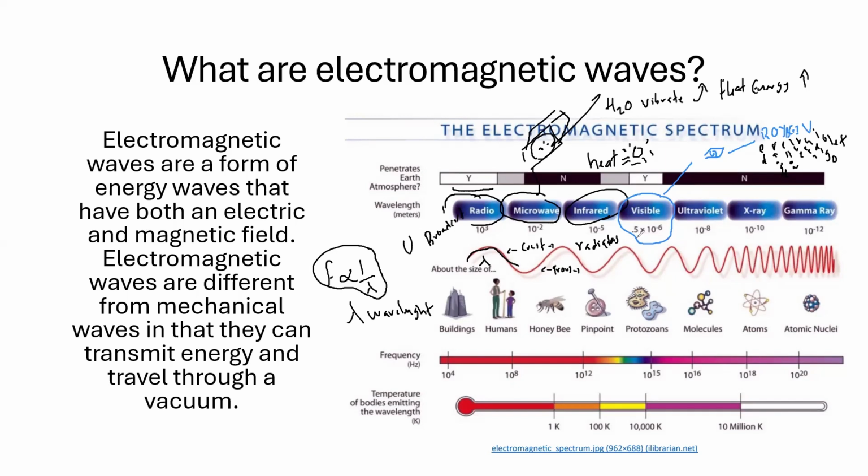Okay, so it goes from 5 times 10 to the minus 6 meters. So then we have ultraviolet. After the violet, that is the last color that we observe in accordance to its wavelength. We're going to talk about ultraviolet.